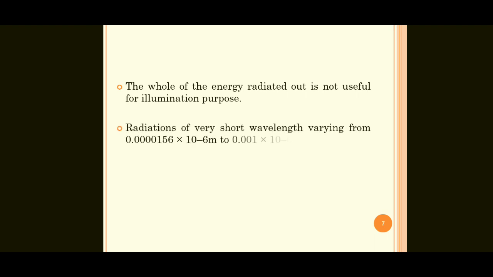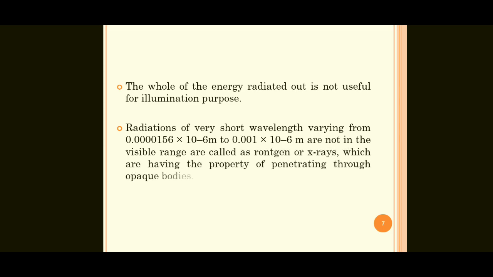Radiations of very short wavelength, varying from 0.000156 into 10 power minus 6 m to 0.001 into 10 power minus 6 m, are not in the visible range and are called Rontgen or X-rays, which have the property of penetrating through opaque bodies.